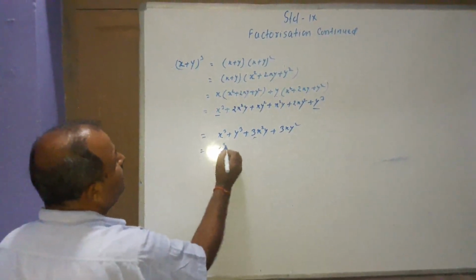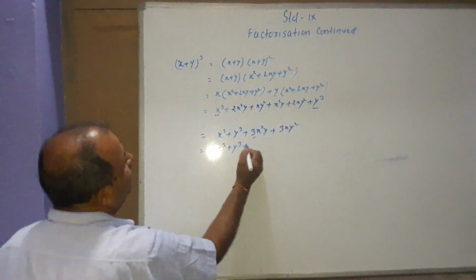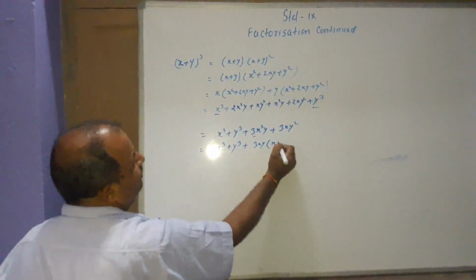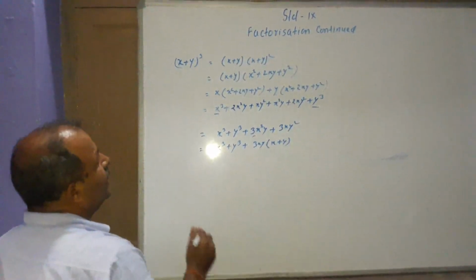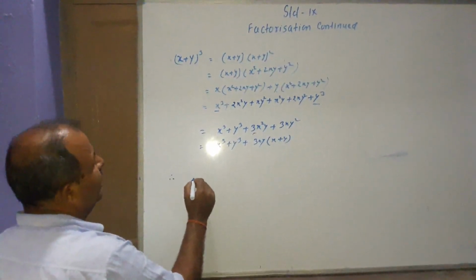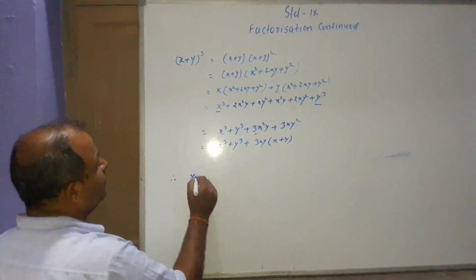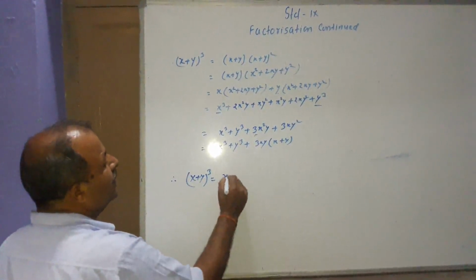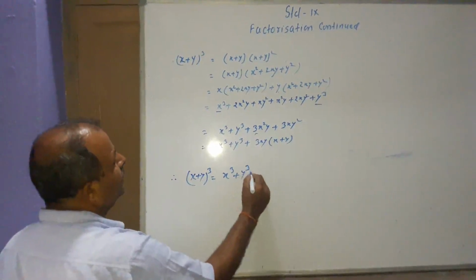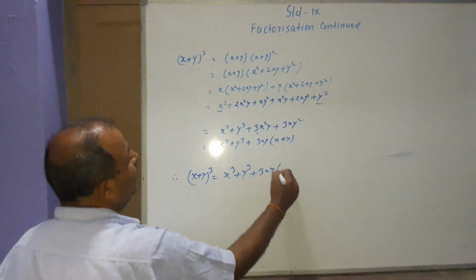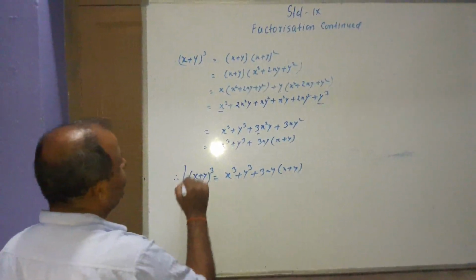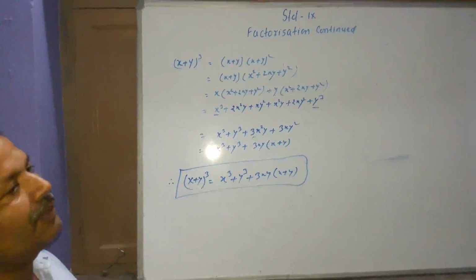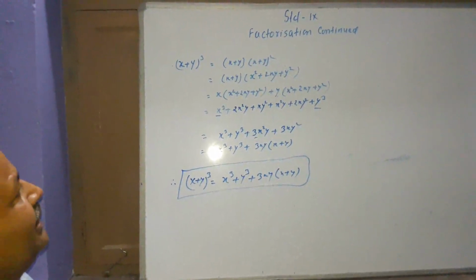Now x cube plus y cube plus, we will take 3xy as common, then we are left with x plus y. And therefore we get an identity: x plus y cube is equal to x cube plus y cube plus 3xy into x plus y. This is an identity for solving the problems of exercise 3E.